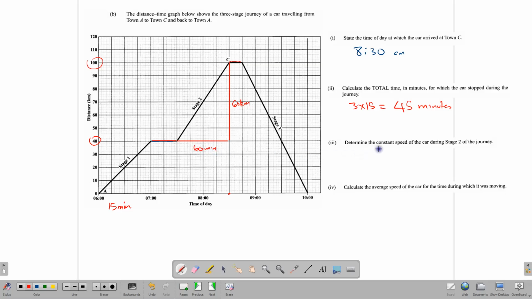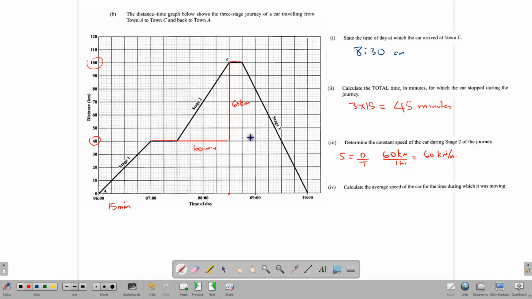Now it says determine the constant speed of the car during stage 2. The question does not tell us to use kilometers per hour or kilometers per minute, but 60 minutes is 1 hour and it has traveled 60 kilometers. So using speed equal distance over time, we can say 60 kilometers over 1 hour, which gives us 60 kilometers per hour.